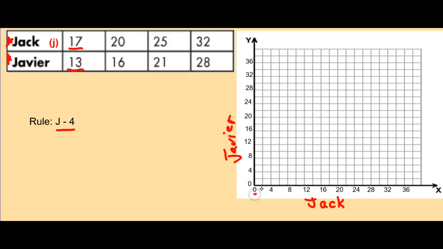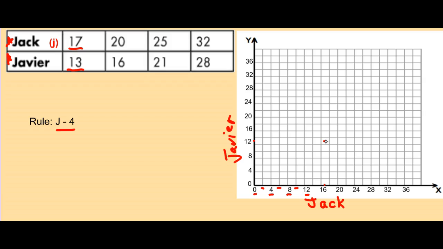So it's 0, and then this is 2, 4, 6, 8, 10, 12. The same thing happens on the y-axis. 17 is between 16 and 18, so it's about right there. And 13 for Javier would be between 12 and 14, so about there. So we need to plot a point where 17 and 13 meet. It would be plotted right about there.